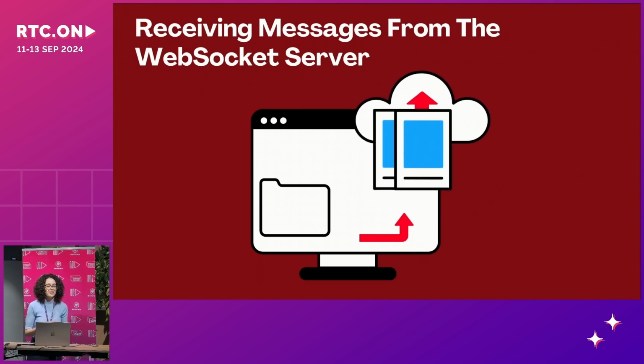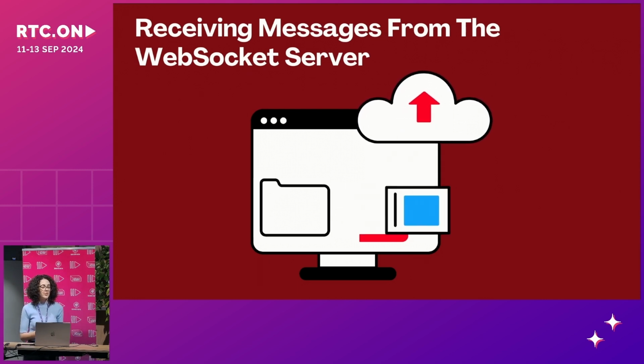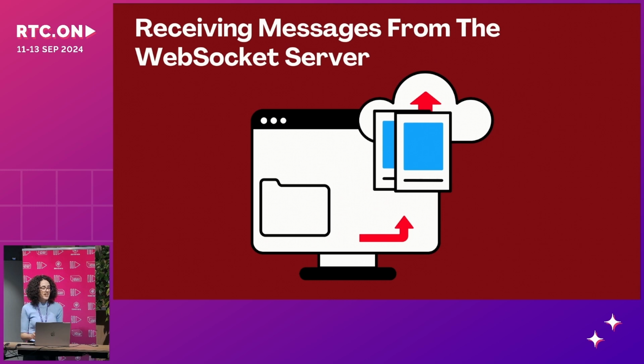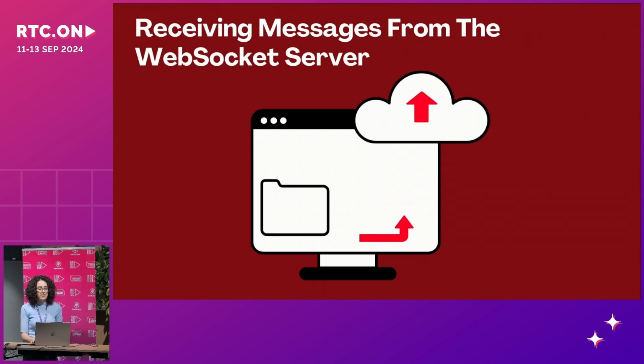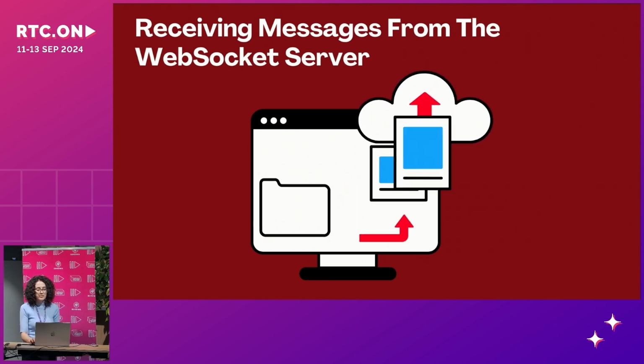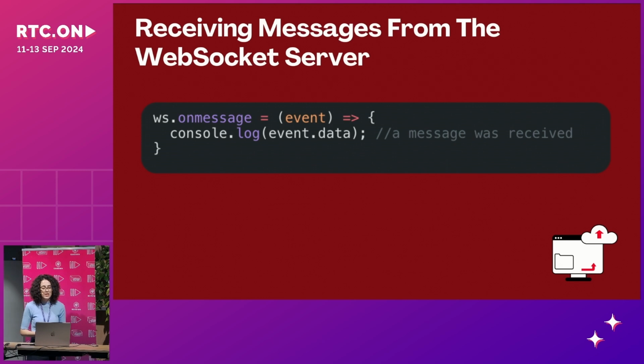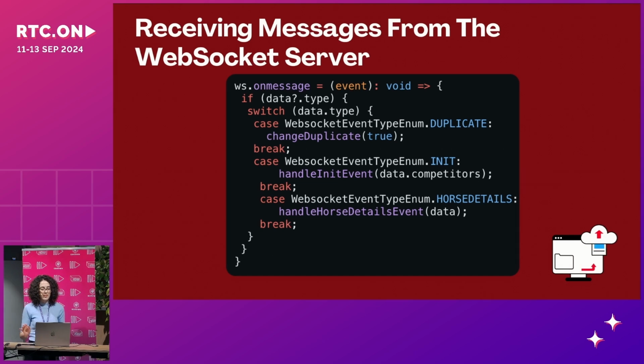Now that we know how to create the connection, let's see how we can receive messages from the WebSocket server. And in order to do that, we can use the onMessage function. In our case, with the onMessage function, we are checking different events for our application.